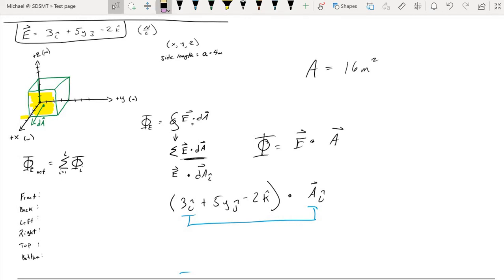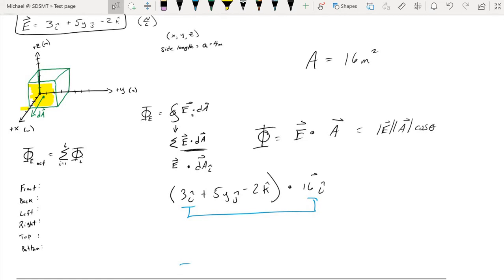So we have 3 i hat versus a 16 i hat, and whenever we evaluate a dot product, it is the magnitude of each times the cosine of the angle between them. Now keep in mind we're looking at each individual component of the electric field. So what we really have in this first step is Ex dot A, which are both in the i hat direction, which means that the cosine theta, the angle between 2 components that are pointing in the same direction, is 0.